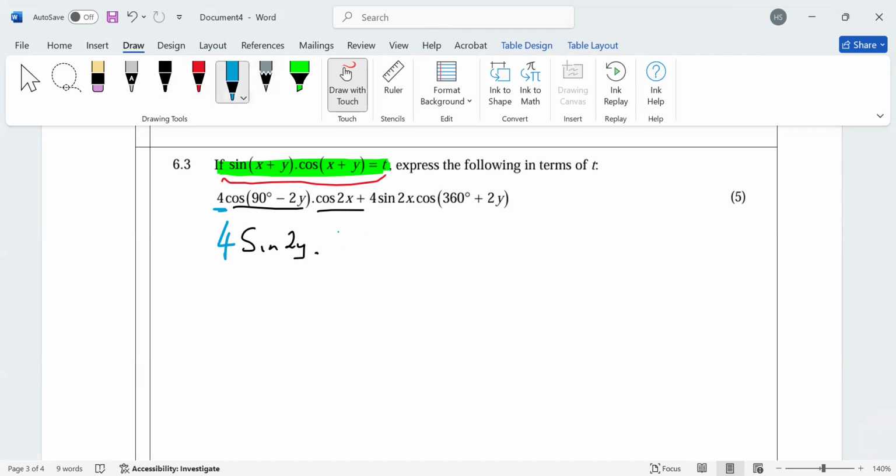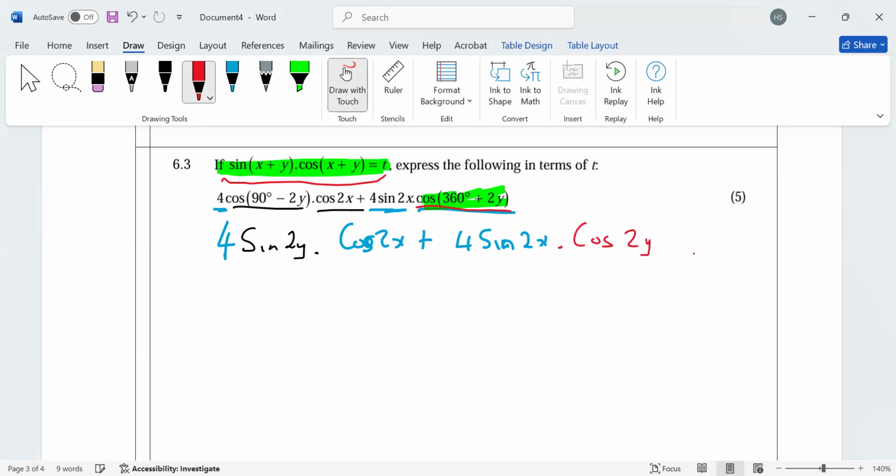It's cos 2x, plus this one, which we write exactly the way it is, 4 sine 2x. And then this one can be reduced. It's only reducing, not changing. So this is going to be written as the cos of 2y.